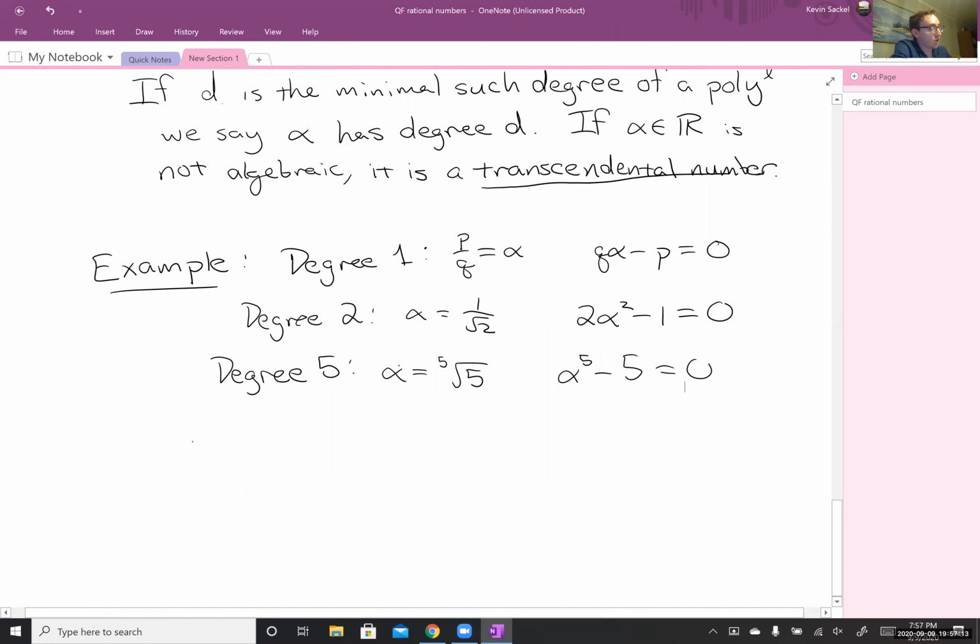And a transcendental number, well, this is an interesting question. Nowadays, we know a number of examples. So nowadays, we know, for example, that e and pi are both transcendental.